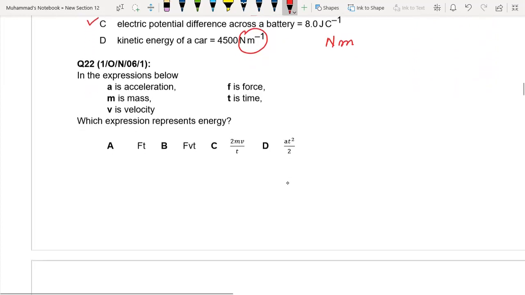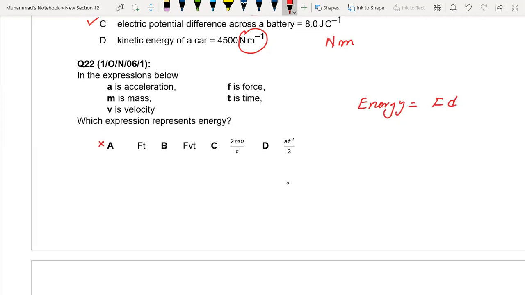In the expressions below, A is acceleration, F is force, M is mass, T is time, V is velocity. Which expression represents energy? So you know that energy is force times distance. So force times time is not energy.